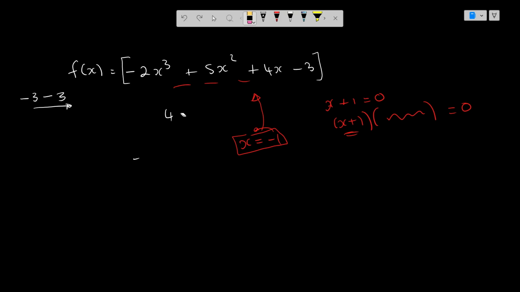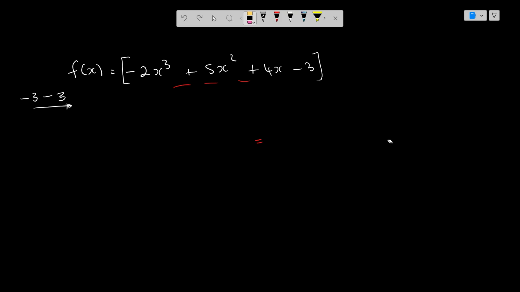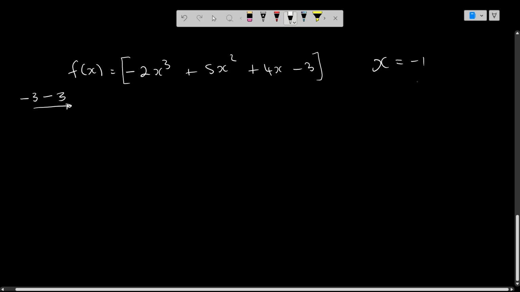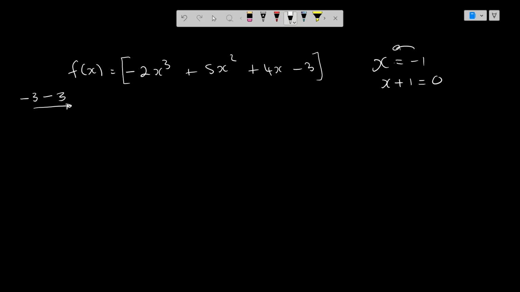We said that the value of x that will make this equation equal to 0 is x equal to negative 1. So in that case, you transpose the 1, and hence we have x plus 1 is equal to 0. In this case you didn't have to transpose that.